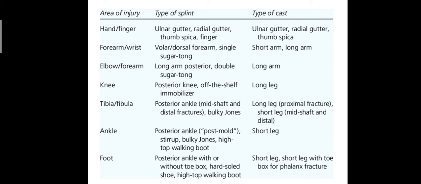Foot: posterior ankle with or without toe box, hard sole shoe, walking boot. Short leg with toe box for phalanx fracture. So this chart shows the area of injury, type of splint, and type of cast.